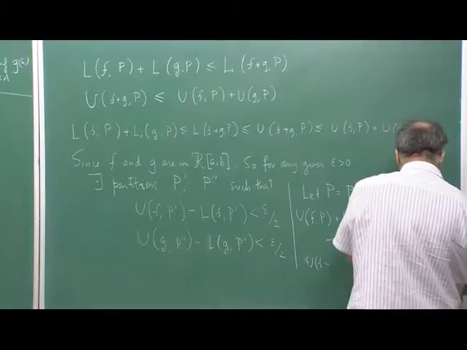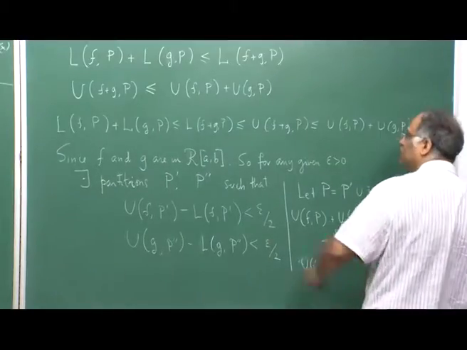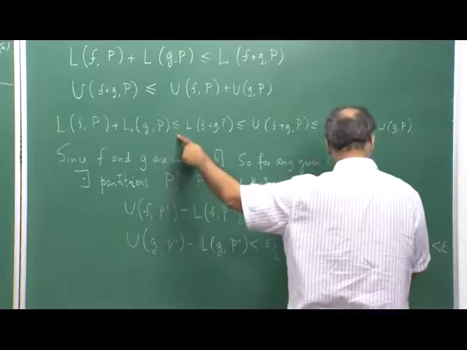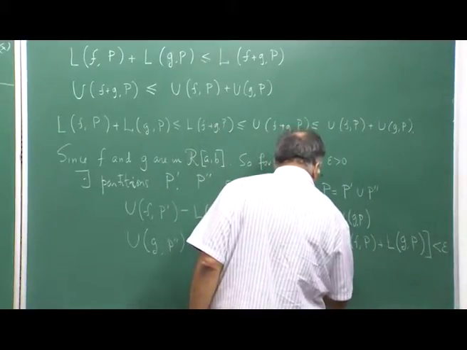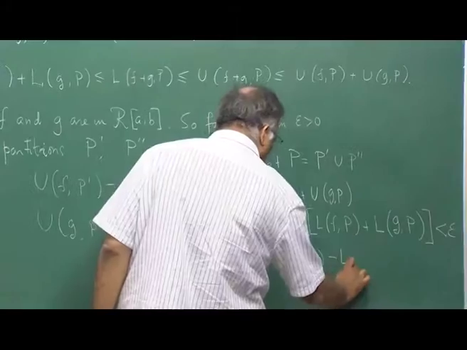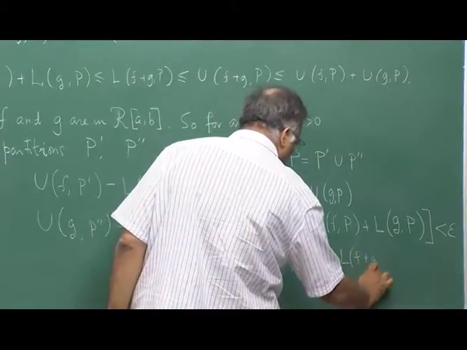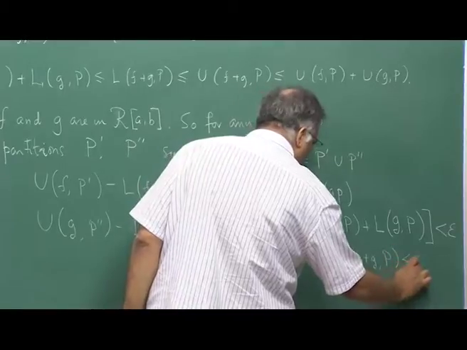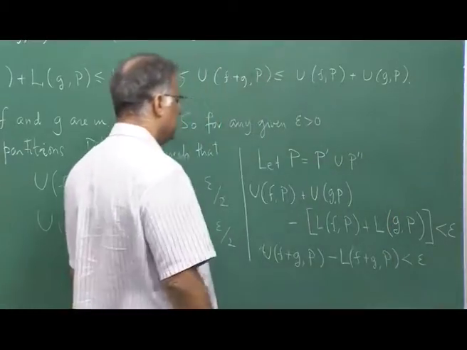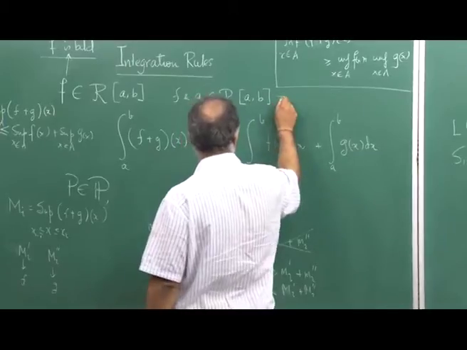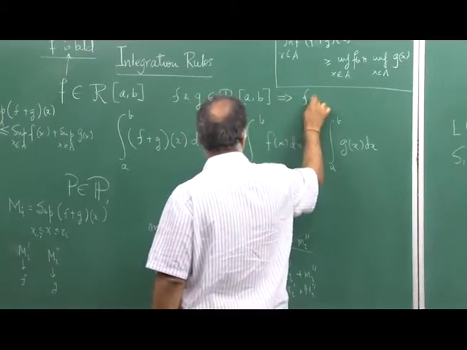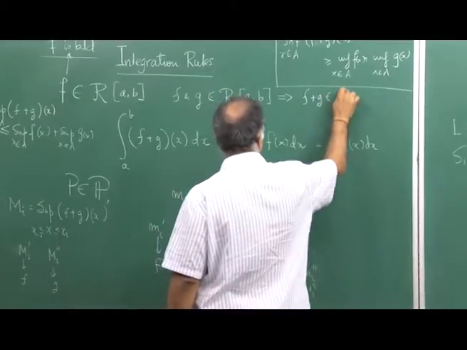If you take this thing to this part and add it with epsilon, then you can apply that this plus this is less than this. So, ultimately you will get U(f+g,P), please check the calculation, minus L(f+g,P) is strictly less than epsilon. So, what you have demonstrated is that if f and g are in R[a,b], then f plus g is in R[a,b].